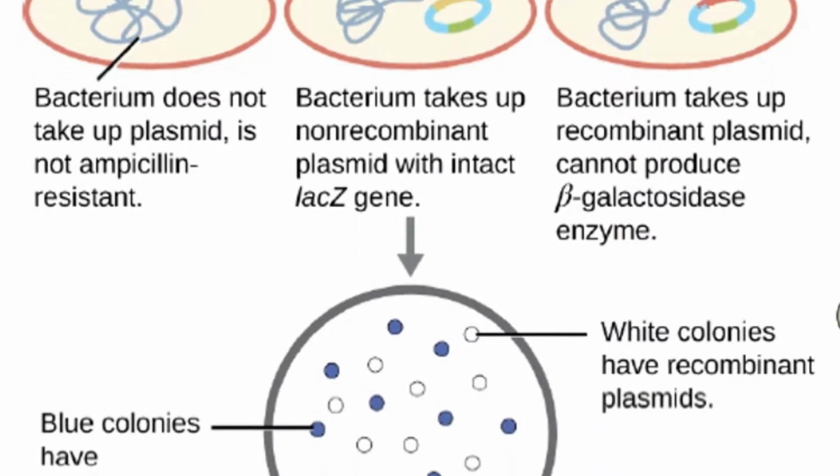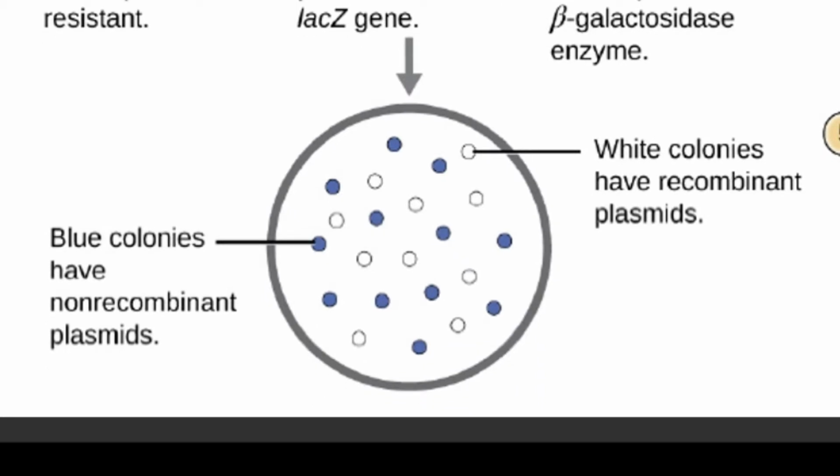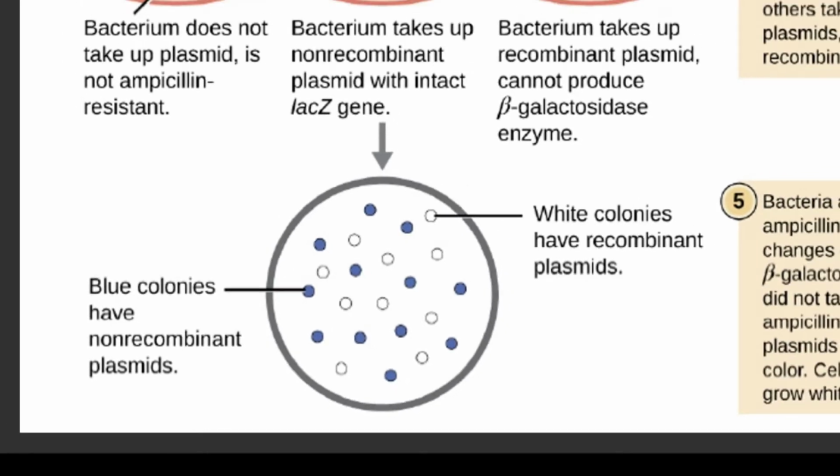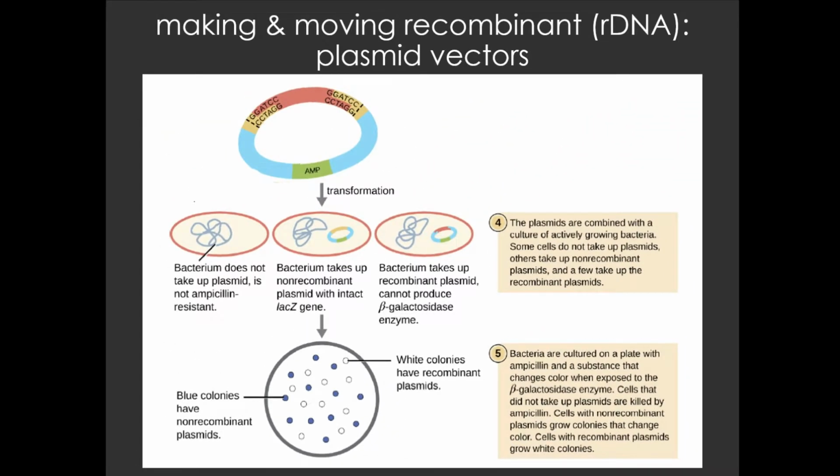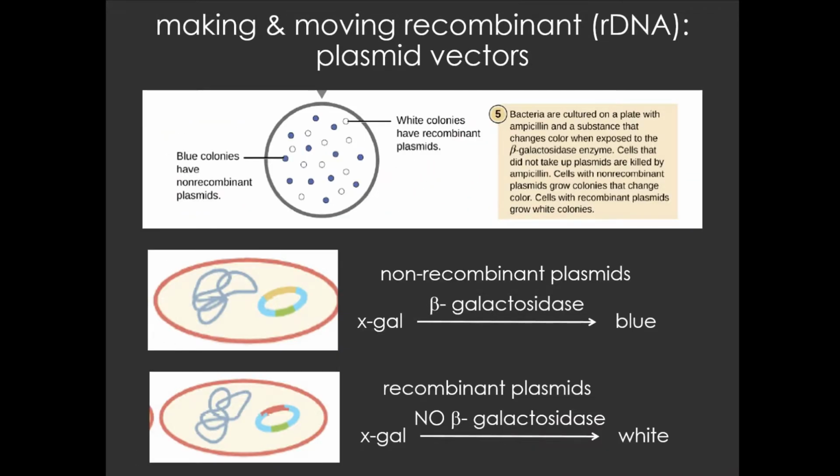So now you need to ask the question, how can I differentiate between the bacteria that have the plasmid alone and the bacteria that have the recombinant plasmid? I want to talk just for a moment and then actually show you another video where we talk about differentiating between those two cells that actually are recombinant in order to figure out whether or not those cells have the gene of interest.